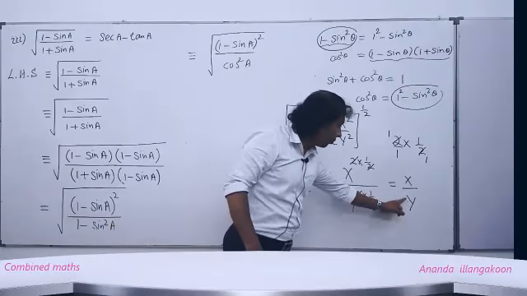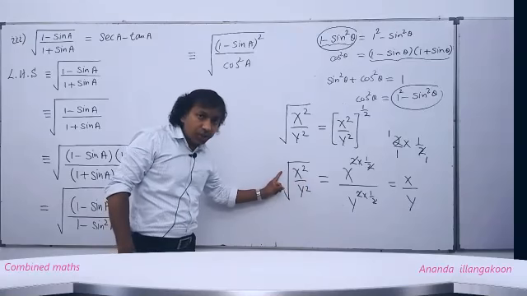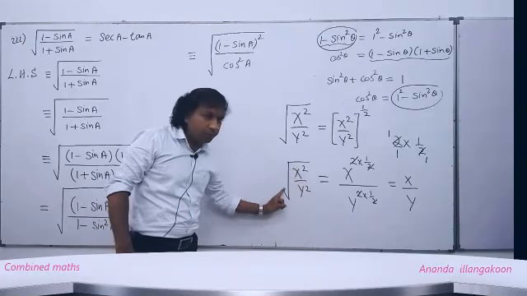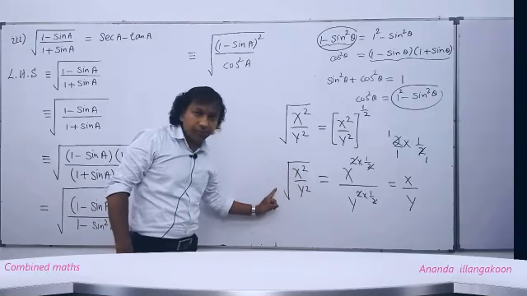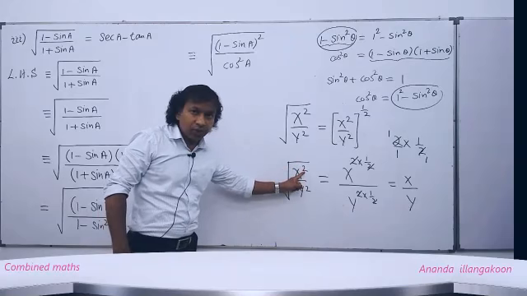When we have the square root of a perfect square like this, x perfect square divided by y perfect square, remember, when you take the square root of a perfect square, the power 2 will vanish. Once you ignore this power 2, there we have 1, no? Then x power 1, that is this.